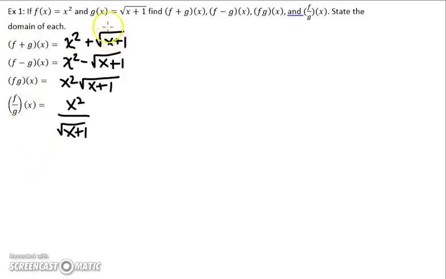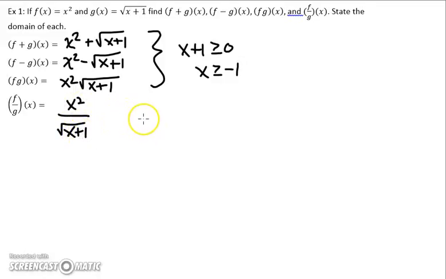Then we have to think about the domain. If we look at the first three, we have a potential domain issue with our radical. For all three of these, we need to make sure that x plus 1 is greater than or equal to 0. So the domain for the first three is x is greater than or equal to negative 1. If we look at the denominator, not only do we have to think about x plus 1 being greater than or equal to 0, we also know that the denominator can't equal 0.